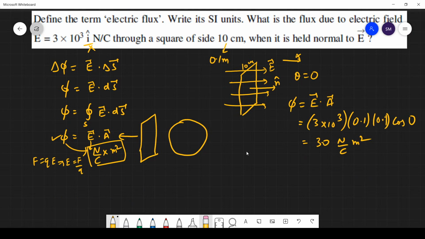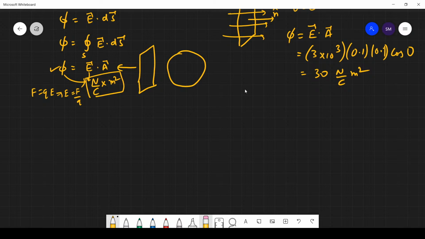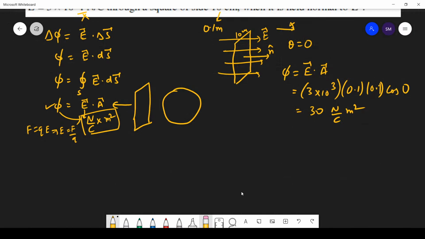Now we have a question in NCERT where we have a square, and a charge Q is placed at a distance of 5 centimeters from the square. Now what is the flux through this square? In the previous question, the electric field was given to you. Here the charge is given to you.